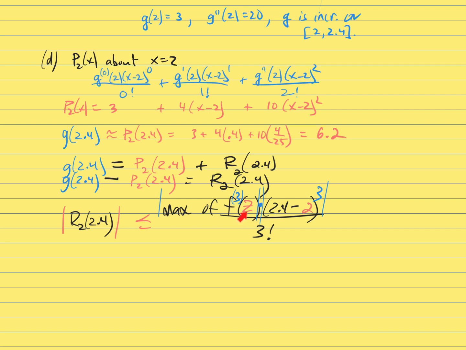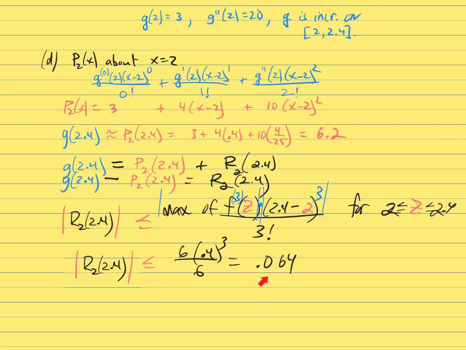Alright, so z has to be between 2 and 2.4, and this problem says that it will never exceed 6 on that interval. So on this interval, we know that the maximum value is 6. So our error bound is 6 times 0.4 to the third over 3 factorial, which is 6, which is just 0.4 to the third, which is 0.064, which is, as they asked us to prove, definitely less than 1/10. Problem done.